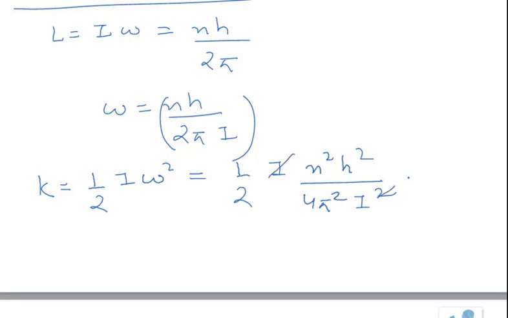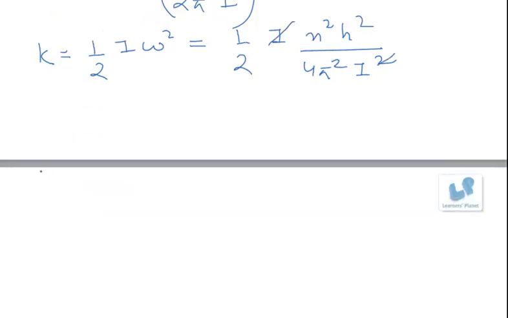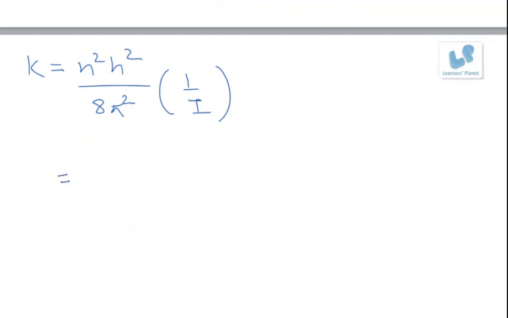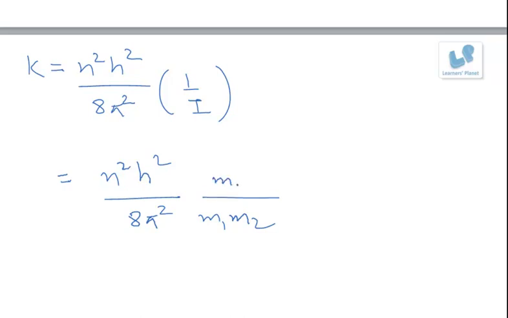So this will cancel out, and we will get the value of K as n square h square upon 8 pi square times 1 by I, and the value of I we already know, we have calculated. So it is n square h square upon 8 pi square, and the value of I is m1 m2 upon m1 plus m2 times r square.